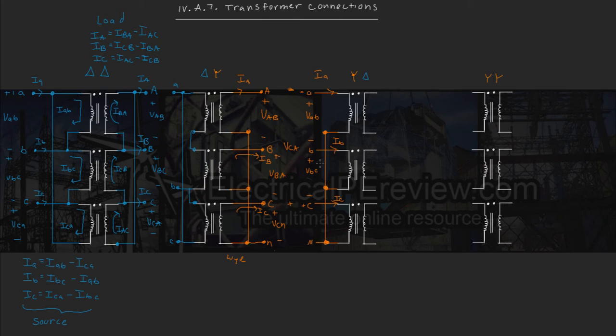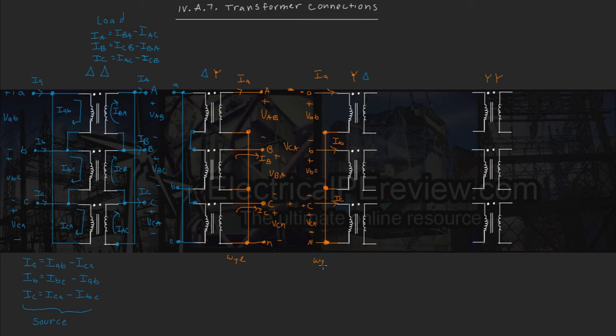Notice our currents are flowing into the transformers because it's the source. For the load, they're always going to be flowing out. And again, phase voltages would be plus VC, the phase they're coming from, to N, the neutral, and minus.